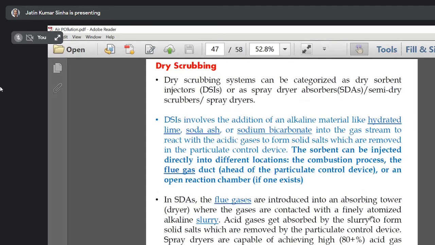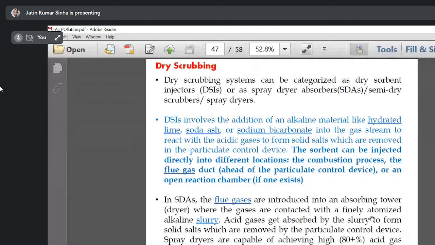Dry scrubbing also works in a similar fashion, but here you have a bed of materials which is soaked with some target material, for example hydrated lime, soda ash, or sodium bicarbonate. They are exposed to the gas stream, the exhaust gas. If the gas stream has some acidic component, it will react with the base component and be neutralized.